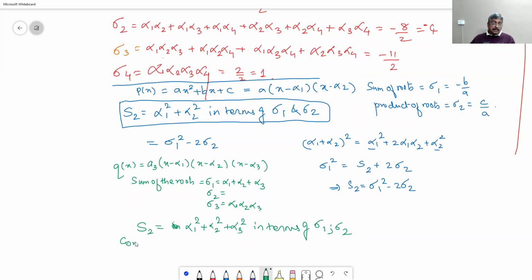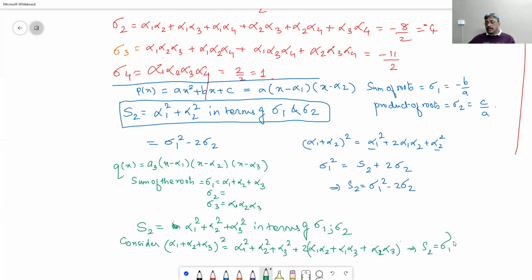Consider alpha 1 plus alpha 2 plus alpha 3 bracket square, which is alpha 1 square plus alpha 2 square plus alpha 3 square plus 2 times alpha 1 alpha 2 plus alpha 1 alpha 3 plus alpha 2 alpha 3. Rearranging, we get S2 is equal to sigma 1 square minus 2 sigma 2.